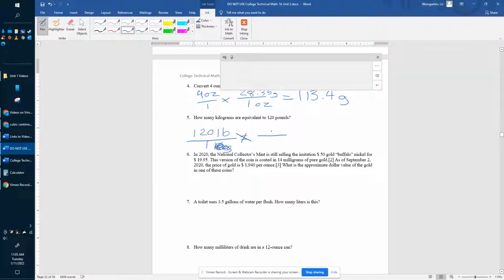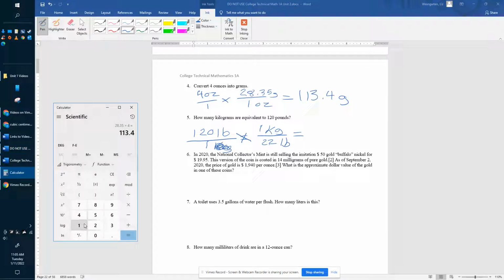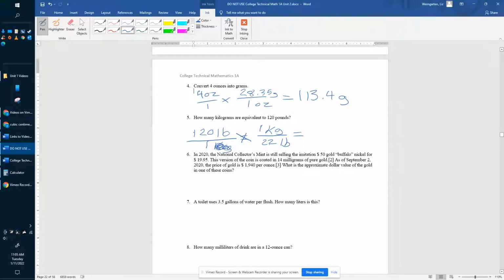That's how we start all of these. We'll multiply it by, there are 2.2 pounds in 1 kilogram. So we'll take 120 and divide it by 2.2. And we get 54.5.